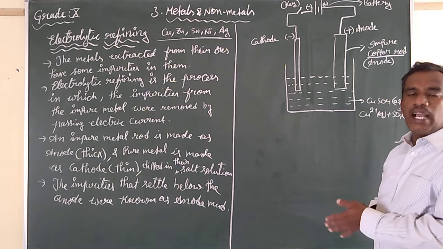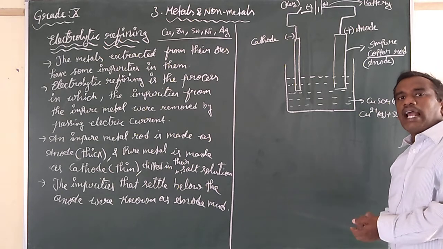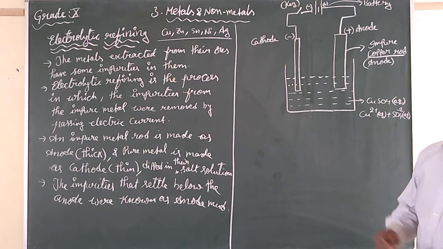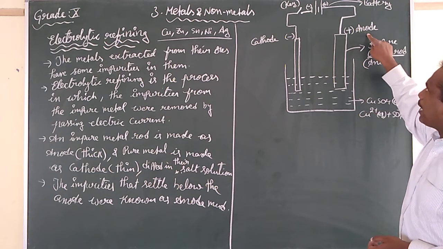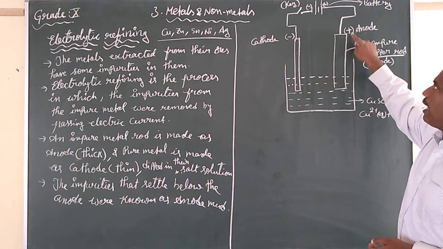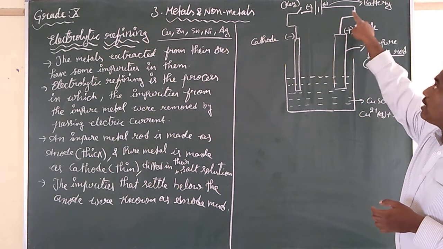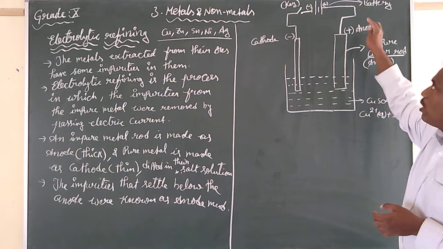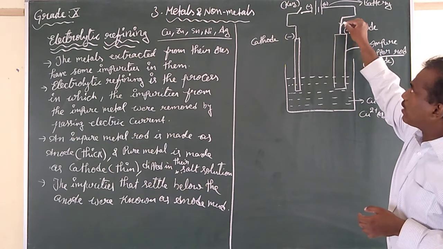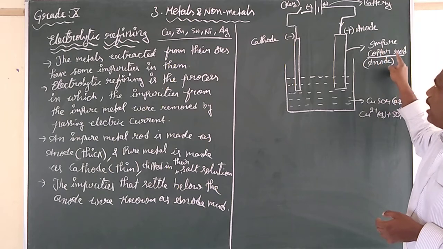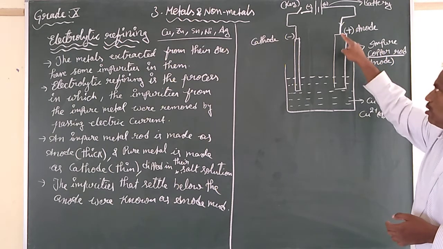In this case, I am going to explain the electrolytic refining of impure copper. At anode, how can we say anode? In electrolytic cells, the positive terminal of the battery is connected to it, so we call this the anode. In the anode, we take the impure copper rod.